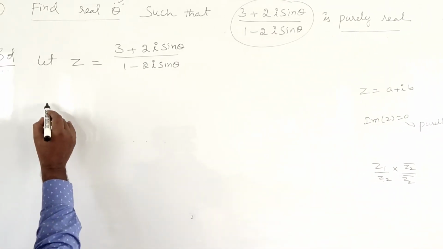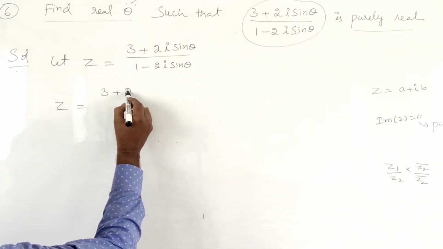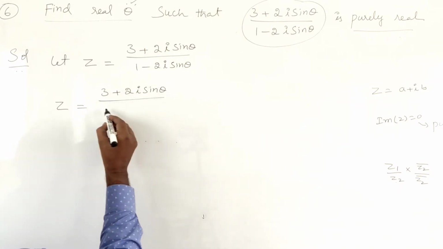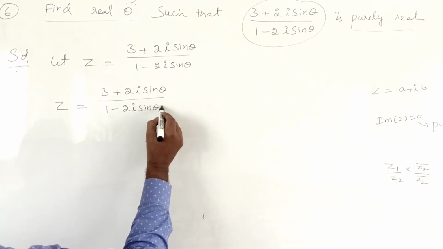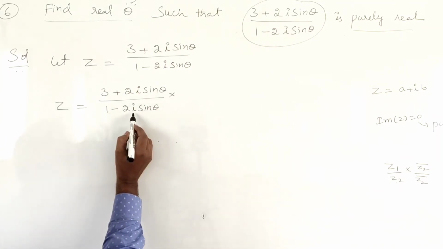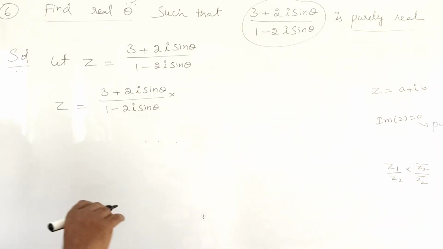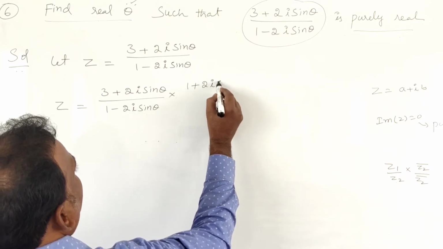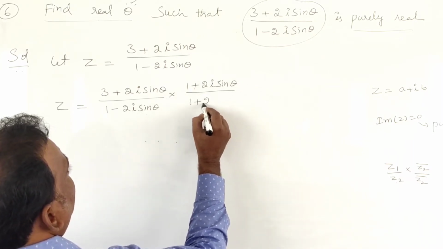So z is equal to, in the numerator, (3 + 2i sin theta) upon (1 - 2i sin theta) into this conjugate. I replaced i as minus i. Already it is minus, you replaced one more minus, you will get plus: (1 + 2i sin theta) upon (1 + 2i sin theta).